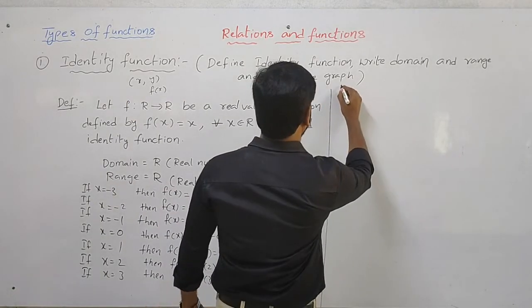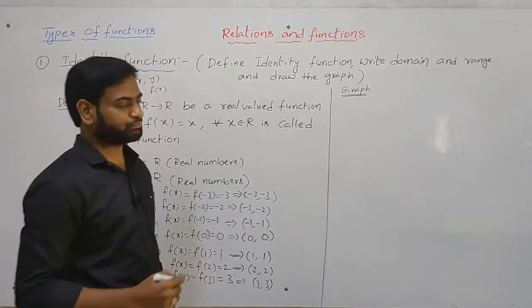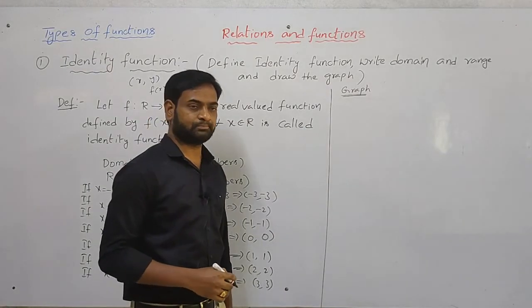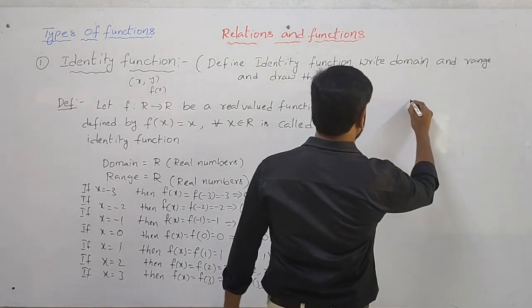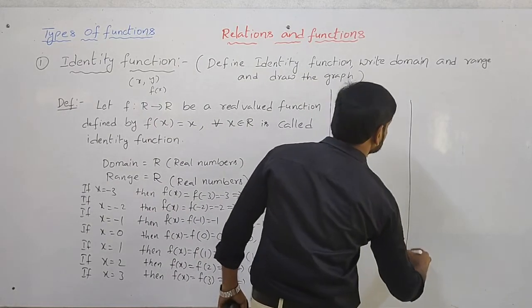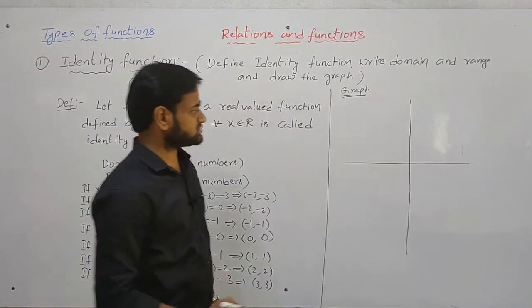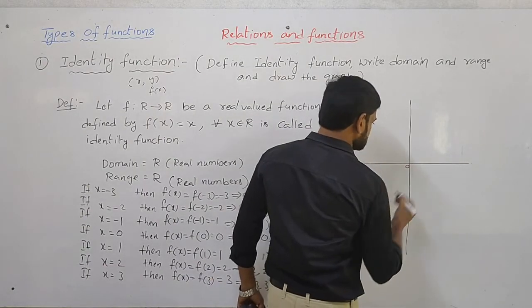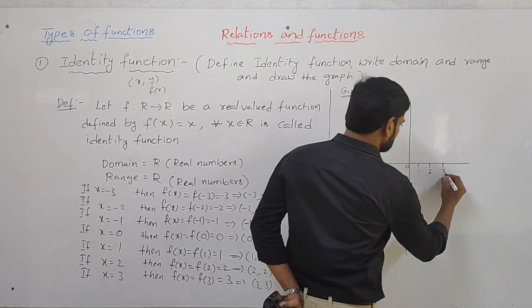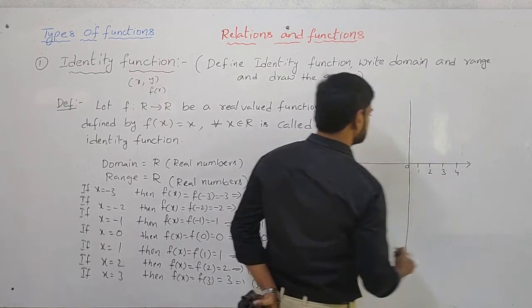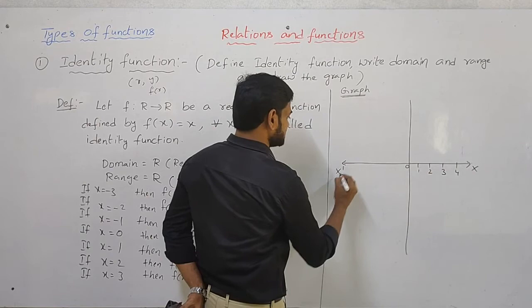So I am drawing the graph here. See here. For the graph I have to take the x-axis and y-axis. This is the 0, 1, 2, 3, 4, like that. This is the positive side of the x-axis. This is the negative x-axis, x dash.